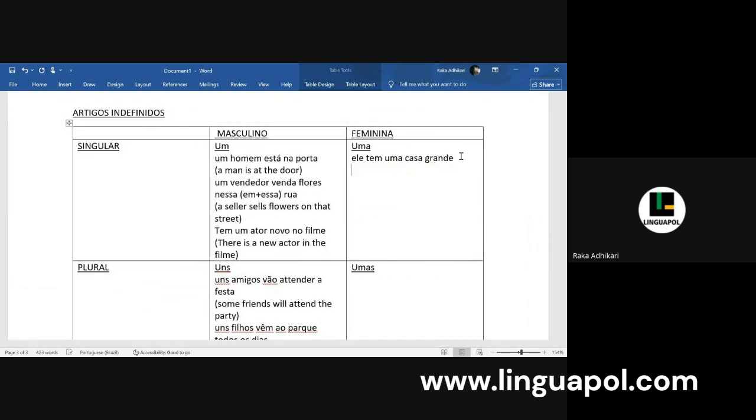Ele tem uma casa grande. Ela é uma advogada. She is a lawyer.